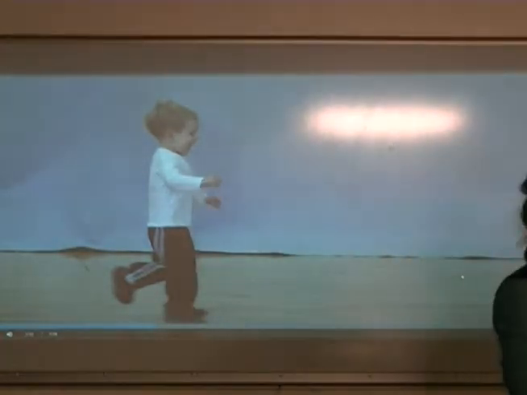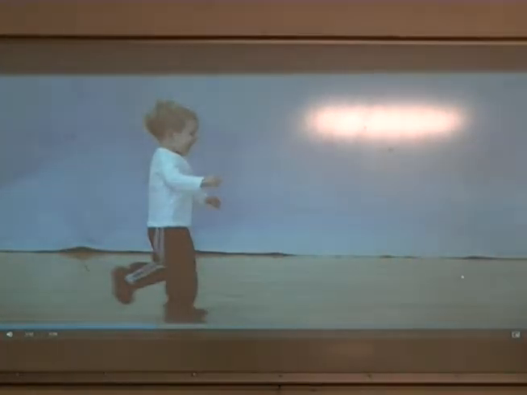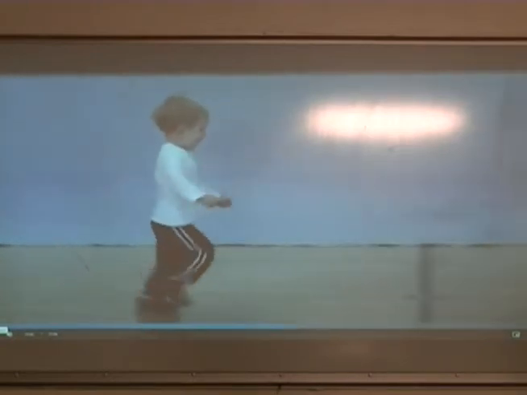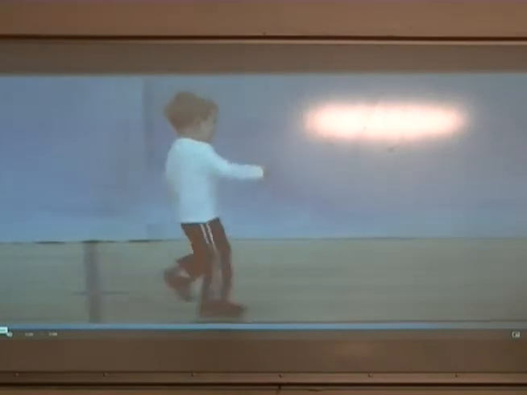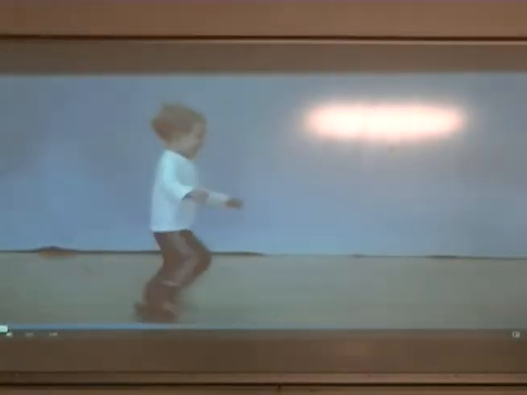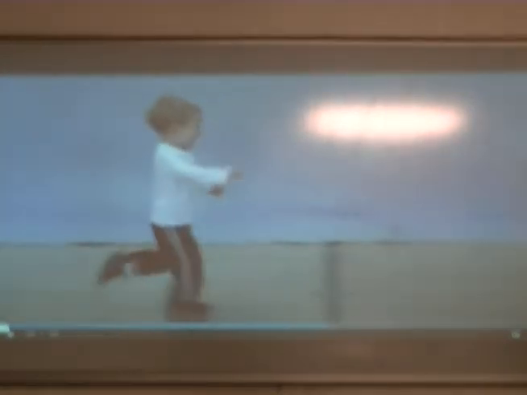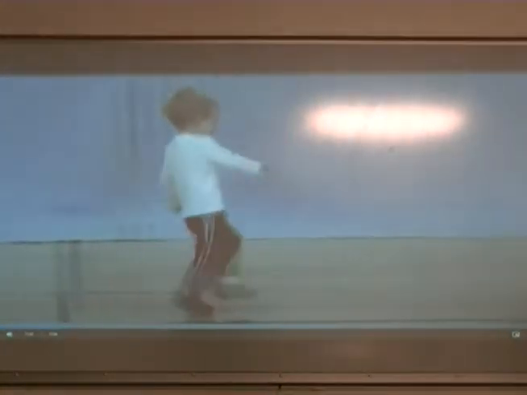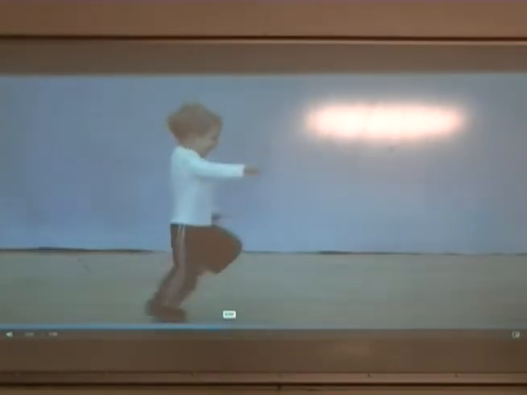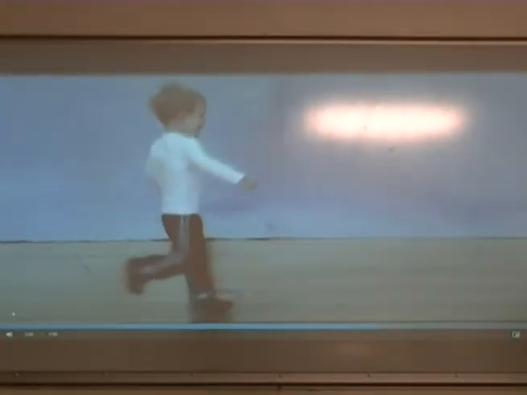Right. So criteria number 1 says arms move in opposition to legs with elbows bent. So, I would think so. Well, I don't think so either.